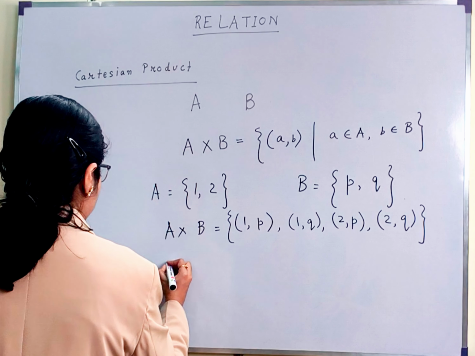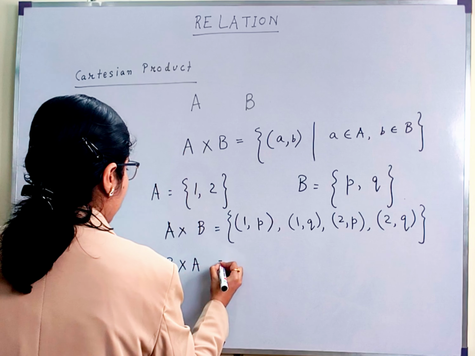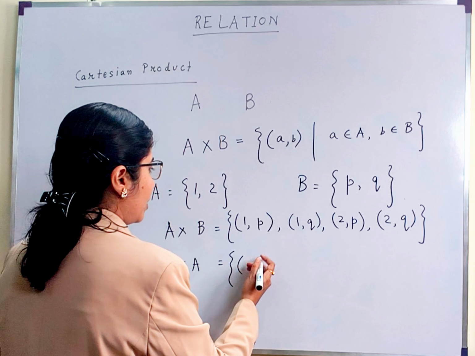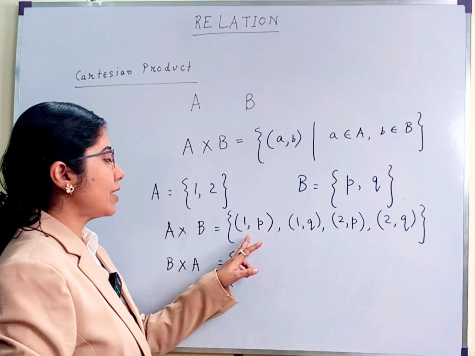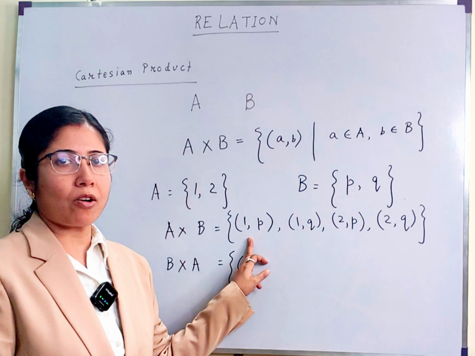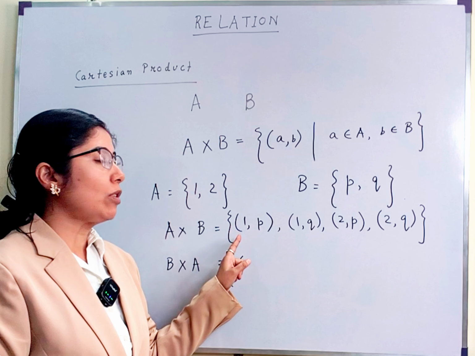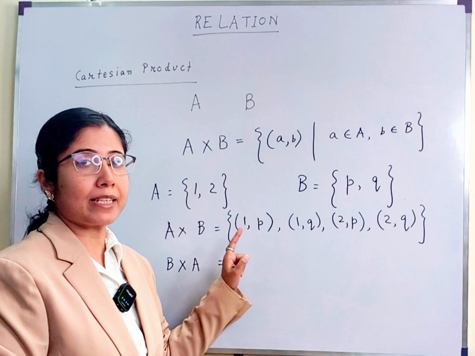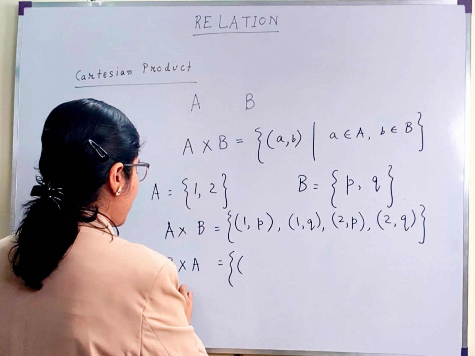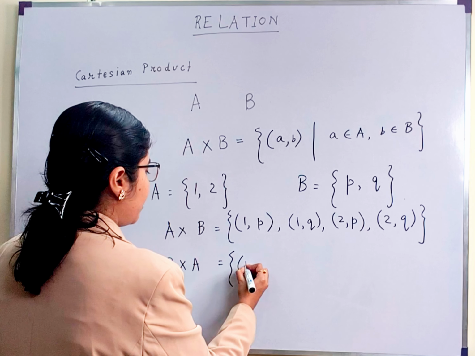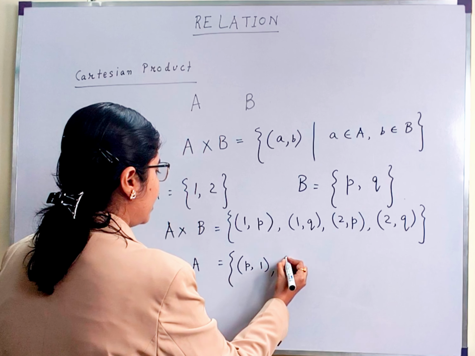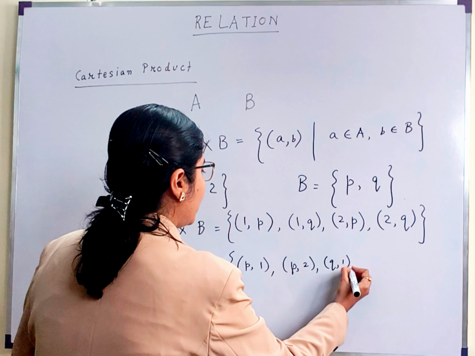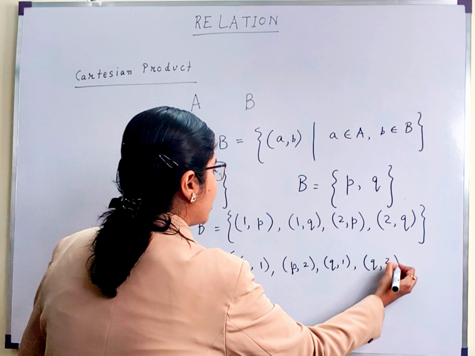Now if I write B cross A, let's see what are the elements we get. These are all ordered pairs because it is written by order. What is the meaning of ordered pairs? Ordered pairs means it is written in a particular order. That is, the first element will come from the first set, second element will come from the second set. That is why it is known as ordered pairs. Now B cross A is equal to (P, 1), (P, 2), (Q, 1), (Q, 2).